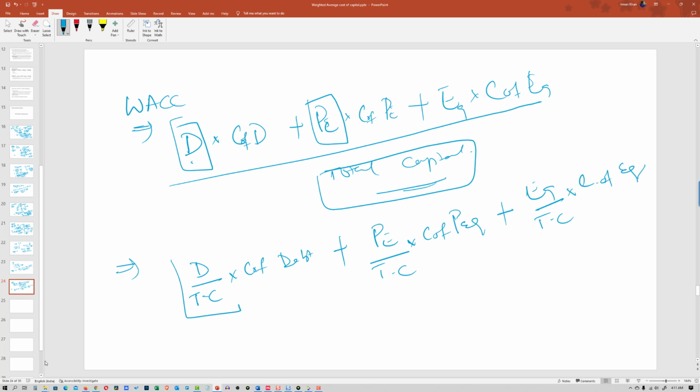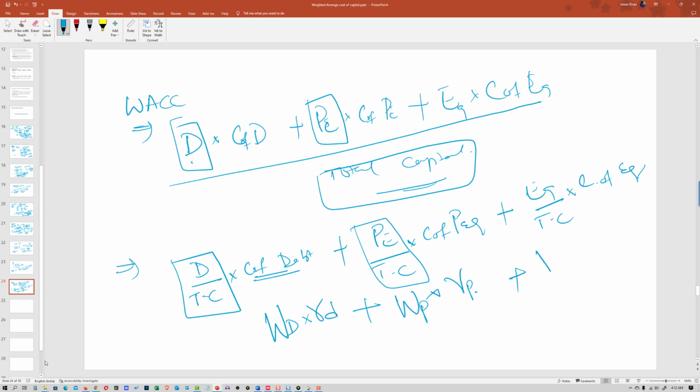Now this is the weighted average of the debt. We can write this as WD into, we can write cost as rate, so rate of debt, RD, plus WP, which is the weight of preferred equity, into rate of preferred equity, plus weight of equity into rate of equity.